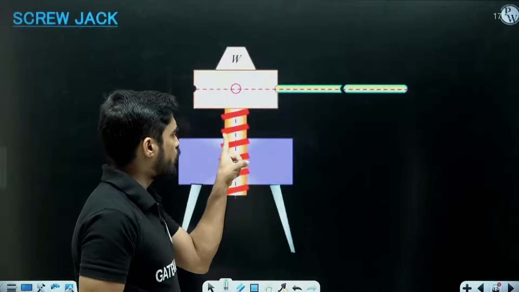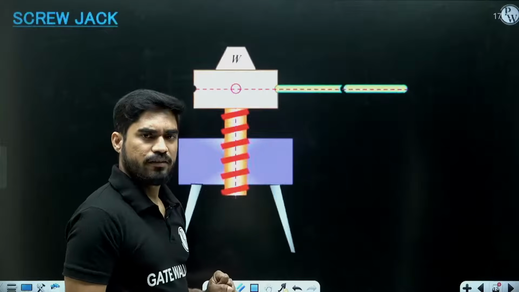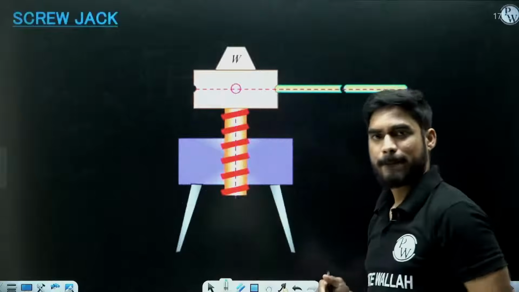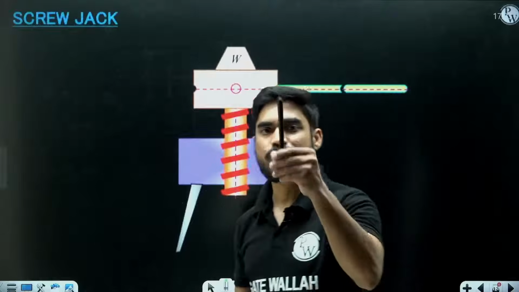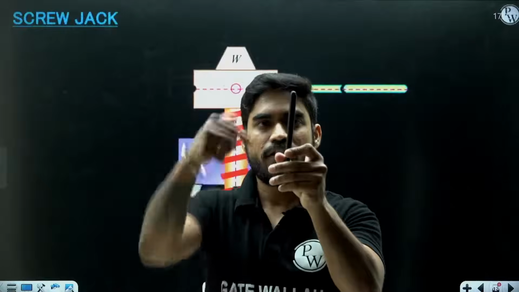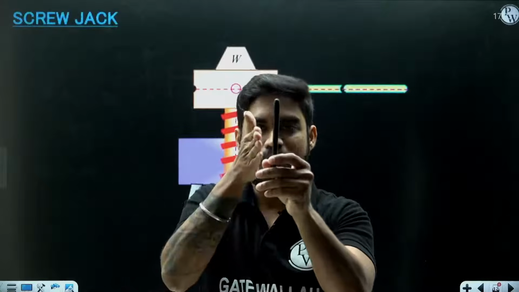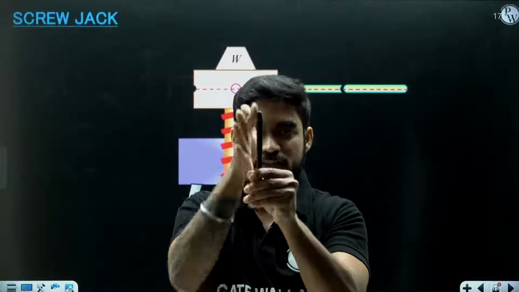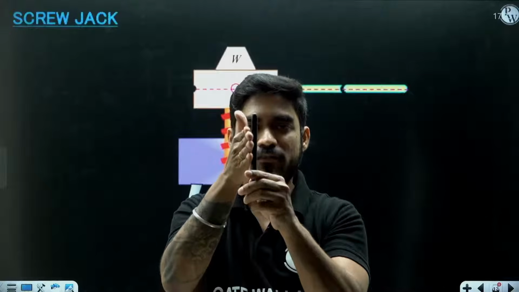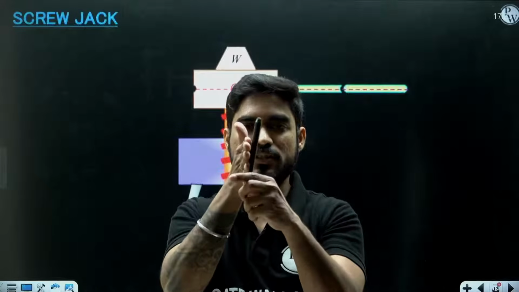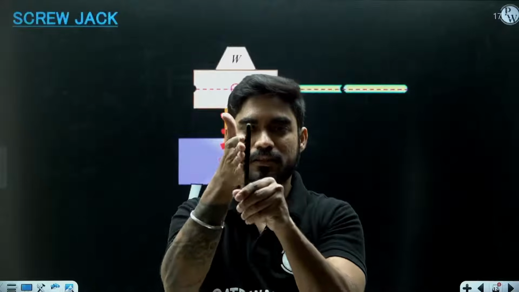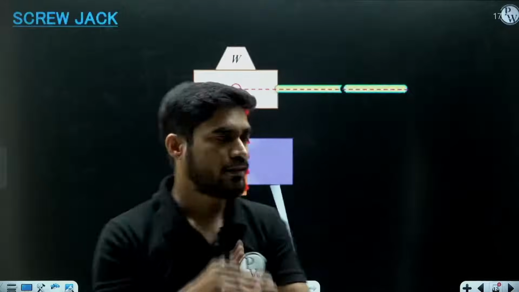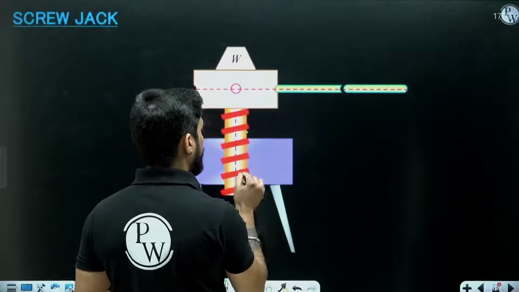Now, in order to rotate this nut, you will apply a force like this. For example, this is a screw. In order to rotate the screw, I am going to apply a force like this, on the surface of this screw. So if I apply a force on the surface of the screw, this force is going to rotate it like this.